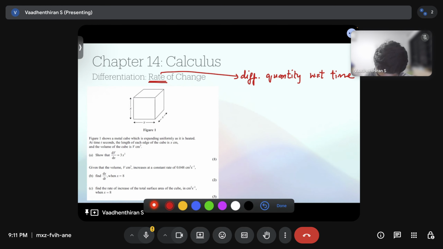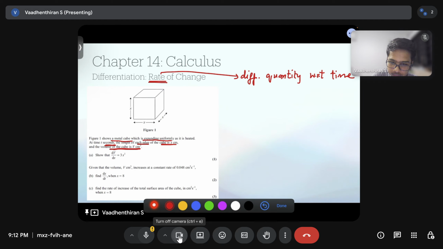First they are asking you to show: a figure shows a metal cube which is expanding uniformly as it is heated. After time t seconds, the length of each edge of the cube is x centimeters and the volume is v.